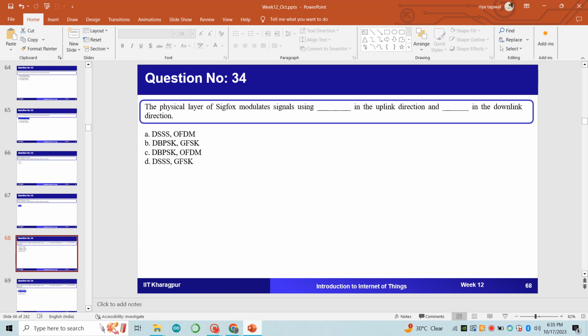Next question: the physical layer of Sigfox modulates the signal using blank in the uplink direction and blank in the downlink direction. Options include GFSK. It's option B, DBPSK and GFSK.